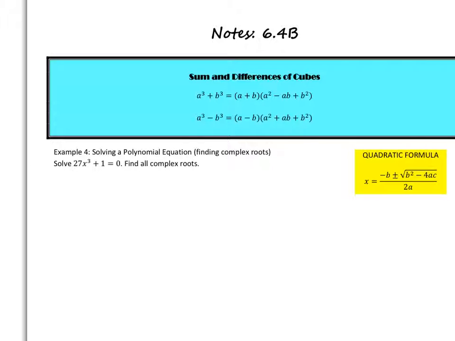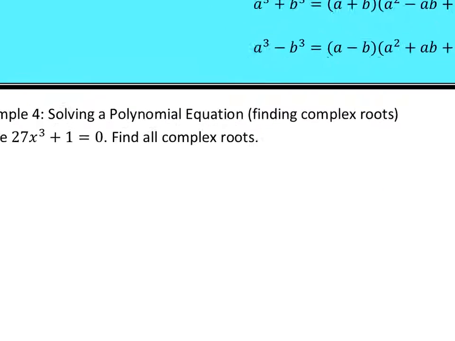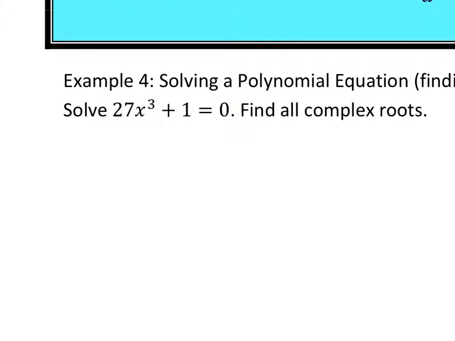You can't do it in the calculator, so we have to use things like the quadratic formula because there are imaginary numbers. So all your answers today, or parts of all your answers, will have i's in them. First off, we need it to say something cubed plus something cubed, and this time it equals 0.